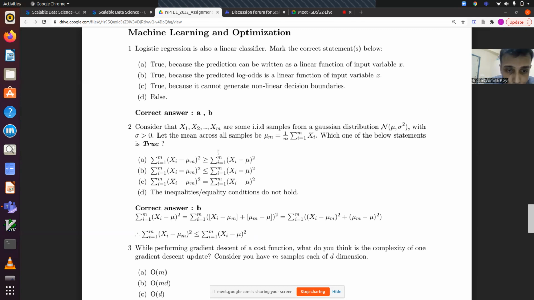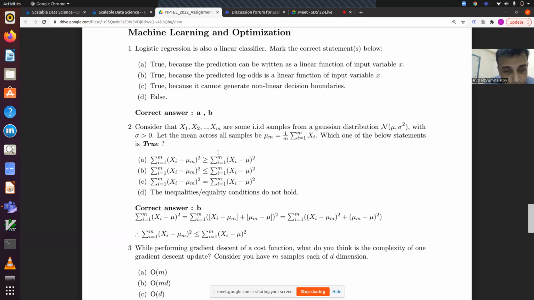You have summation i equals 1 to m of xi minus mu whole square equals summation i equals 1 to m of xi minus mu m whole square plus mu m minus mu whole square, right? Yes. Now mu m is a constant. Mu is a constant, right? So mu m minus mu is a non-zero value and its square is always positive. So from there, can you convince yourself that the inequality comes?